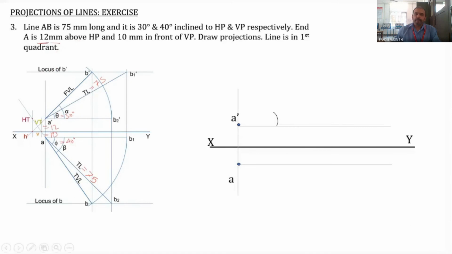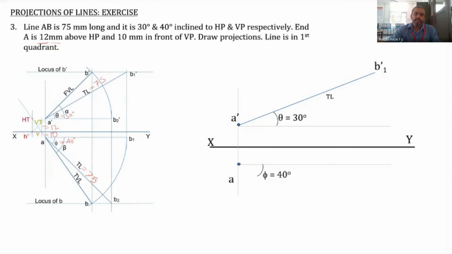30 degree is the inclination of the line with the HP. That particular angle is marked, and you draw a line of length 7.5 centimeter or 75 millimeter. So B1 dash is obtained, and now from A we draw another angle, that is 40 degree.